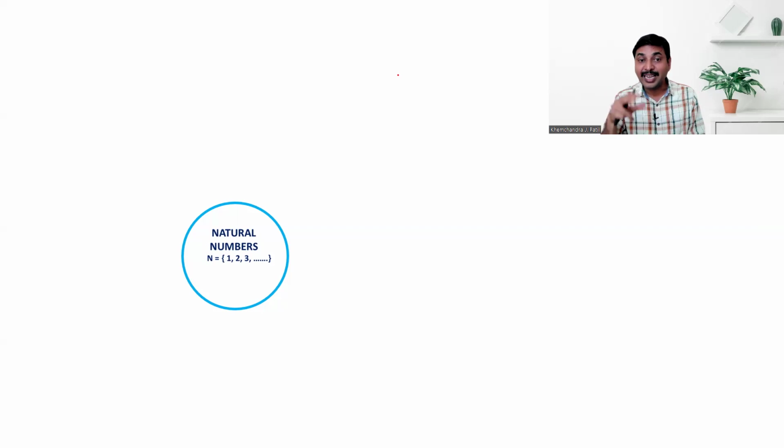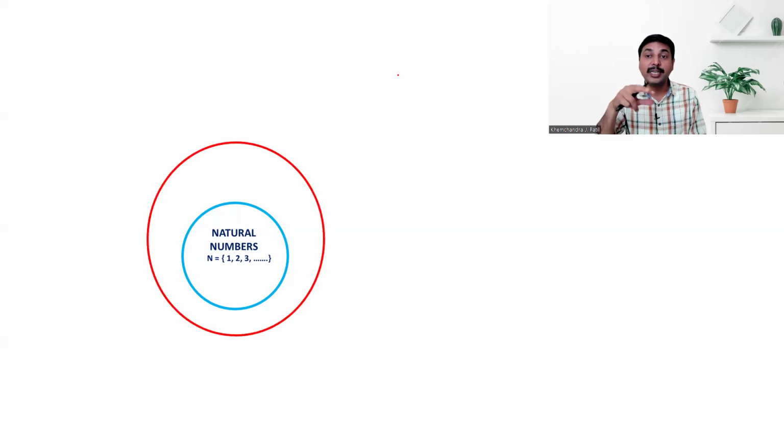Now, all natural numbers are included in the group of whole numbers, because all natural numbers are whole numbers. So what is that particular part which differentiates whole numbers and natural numbers? That is 0. Look at this, 0. So see, all natural numbers are whole numbers. That's why I kept the natural number circle totally inside the whole number circle.